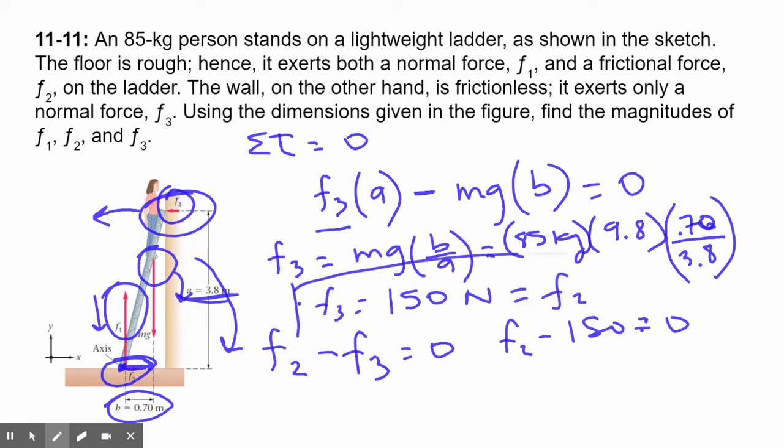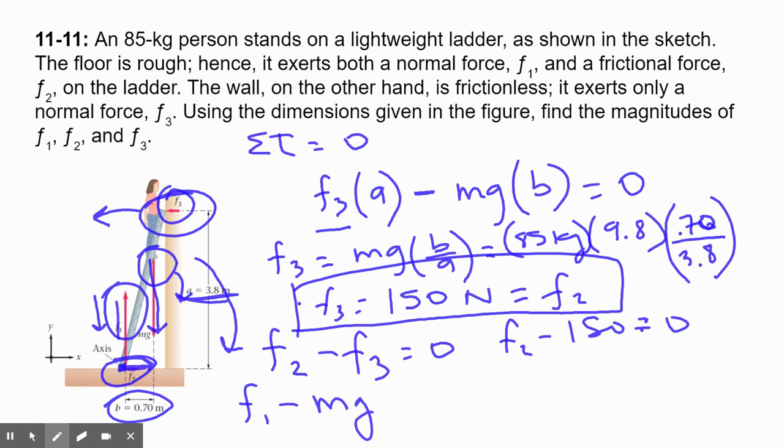So we have these two pieces of information. Now we just need F1. Well, F1 is in the Y direction, and we also have this force of weight in the Y direction. So F1 minus mg, so F1 is pointing upward, it's positive, mg is down, so it's negative, equals 0.